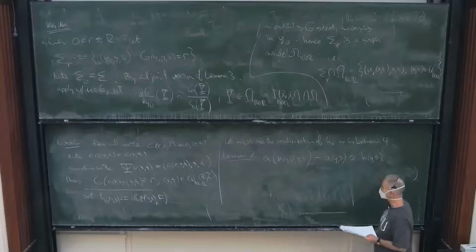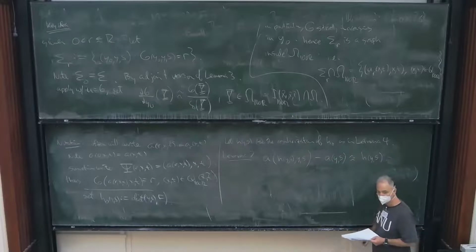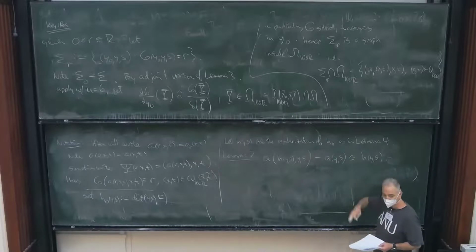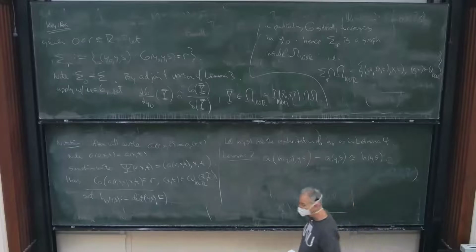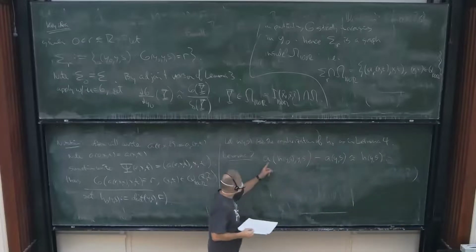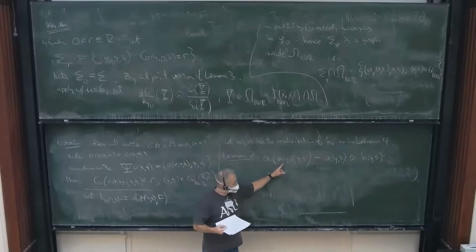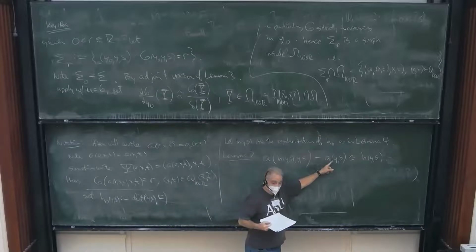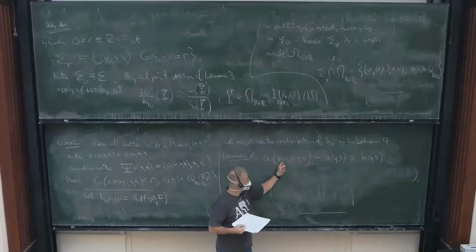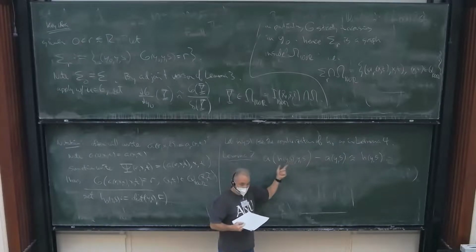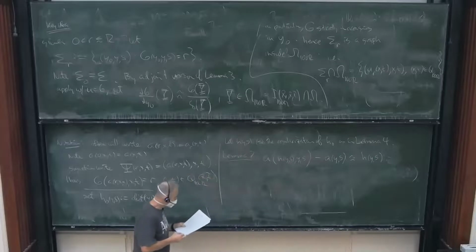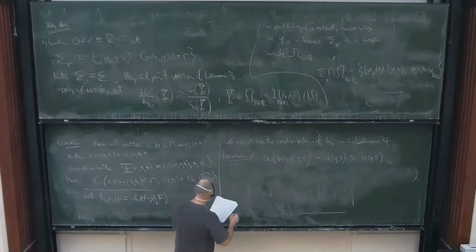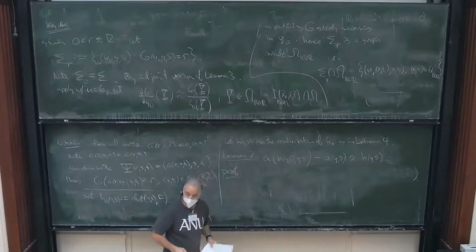It's going to turn out that this is comparable to h of (y, s) with constants dependent on all the allowable stuff. It's not quite saying that a is Lipschitz in this variable, because this is the same as a(0, y, s). It's not quite saying that a is Lipschitz, but for our purposes, it's close enough. Okay? All right. So let's do the proof of this.